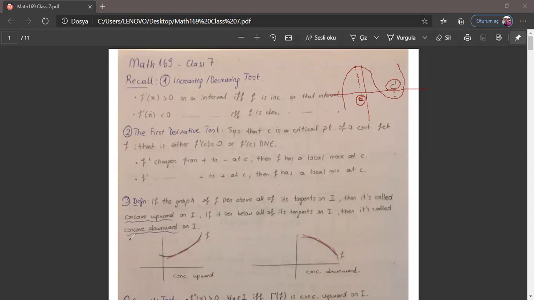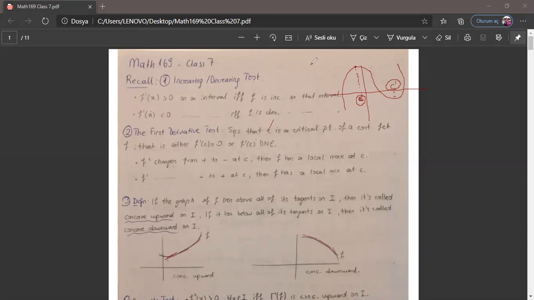And here we have the definitions of concave upward and downward. So if the graph of the given function lies below all of its tangents, we say it's concave downward, as in this figure. So here we have the tangent lines of the function.